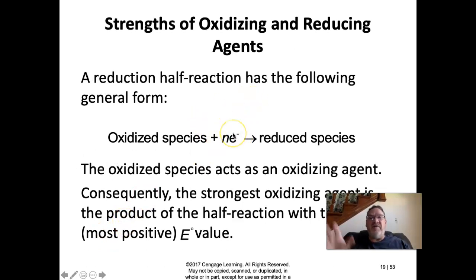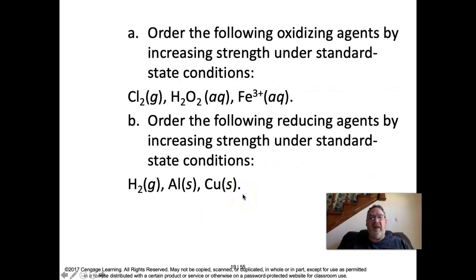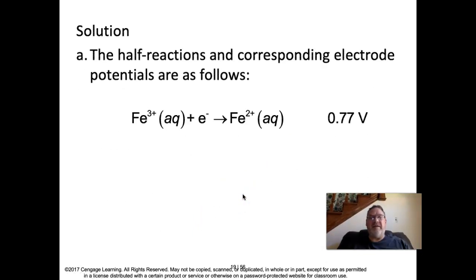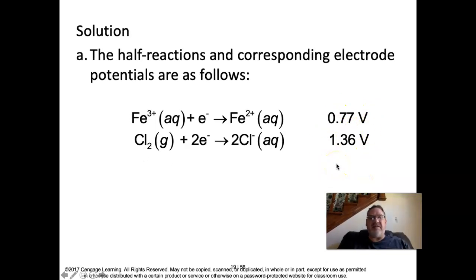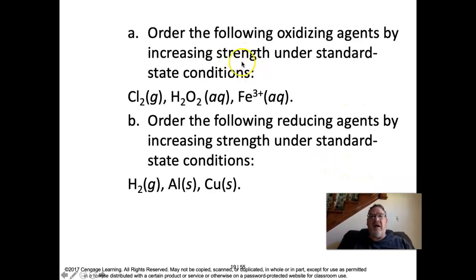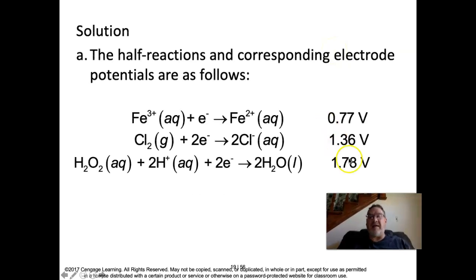The strength of the agents: the stronger reducing agents are going to have the larger negative value. The stronger oxidizing agents have the more positive value. Again, something to remember there. And these couple of examples are arranging the substances with that. If we're going to arrange these based on oxidizing agents, the oxidizing agent is going to be the more positive.